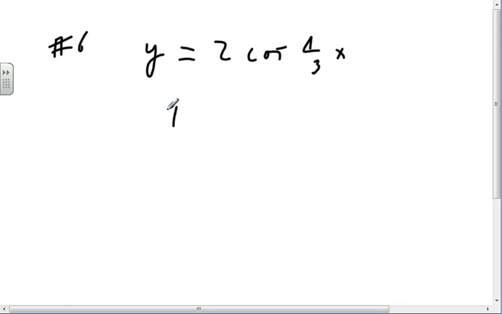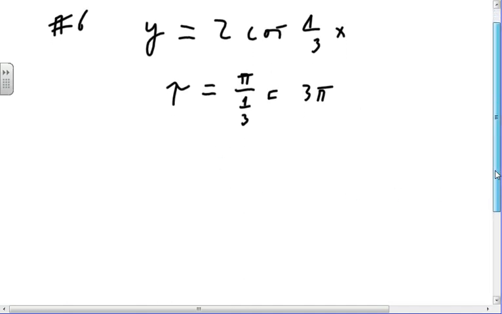And I've got a period that is pi over 1/3, also known as 3 pi. And I would pick up my pen at the proper time, it'd work better, right? All right, so 3 pi is going to be my period.